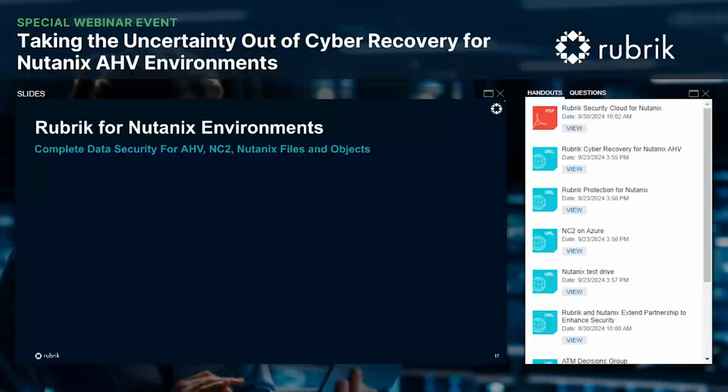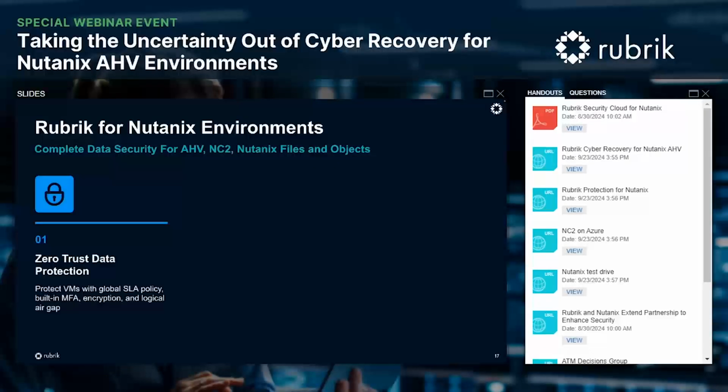At Rubrik, we provide complete data security for Nutanix AHV, NC2, Nutanix Files, and Objects with a few key components. First, we ensure zero trust data protection by securing VMs with global SLA policies, built-in MFA, encryption, and a logical air gap to prevent unauthorized access.